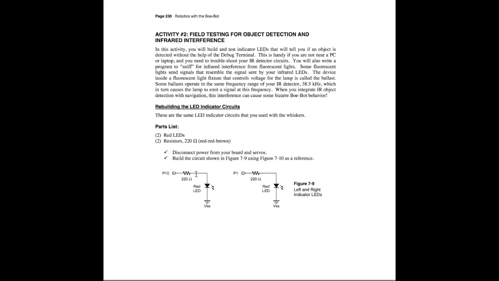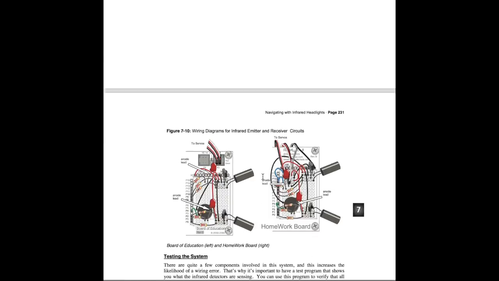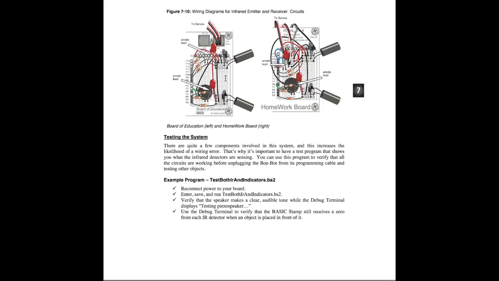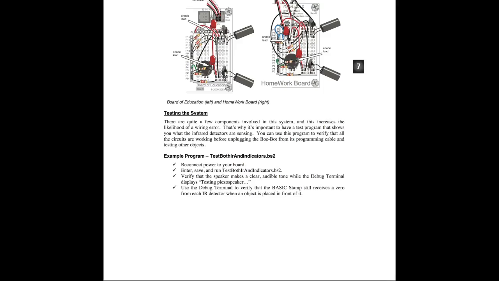Basically, all we do is add LEDs yet again onto the top, and you would turn those LEDs on when an IR is in one state or the other. So you could either have it on when you're detecting, or on when it's not detected, whichever way you choose to indicate that there's a change in state in that detector.